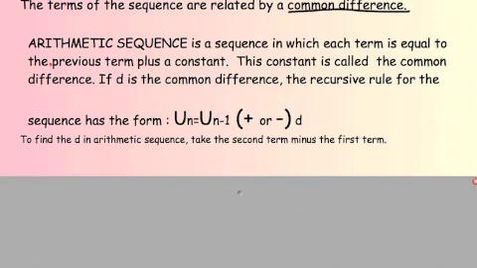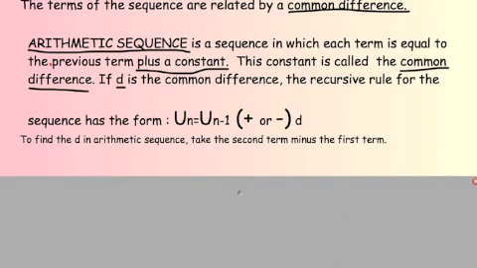By definition, an arithmetic sequence is a sequence in which each term is equal to the previous term plus a constant. So we're adding something. In some cases, you could be subtracting a constant, so I'm a little flexible on that. This constant is called the common difference, and it's usually denoted by the letter d.